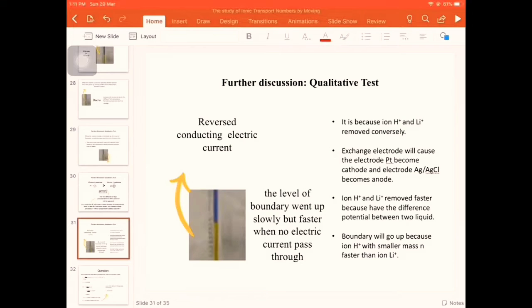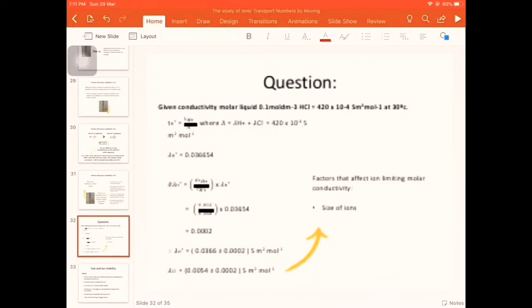That's what I tried to mention in the early introduction. The H plus and Li plus ions will then move faster because of the potential difference between the two liquids. The boundary will go up because the H plus ion has a smaller size compared to the lithium ion. This is more into size matters, as I said in the previous slide.